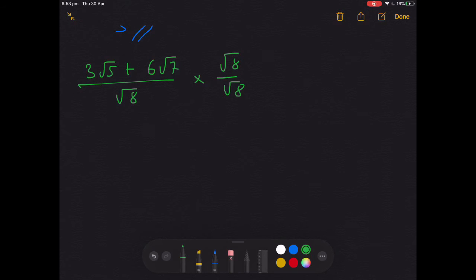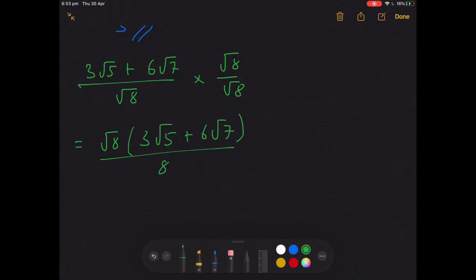Okay. Not an issue for the bottom. Root 8 times root 8 is 8. But what happens to the top? Well, we've got root 8 multiplied by this whole thing. Now we have to expand this.